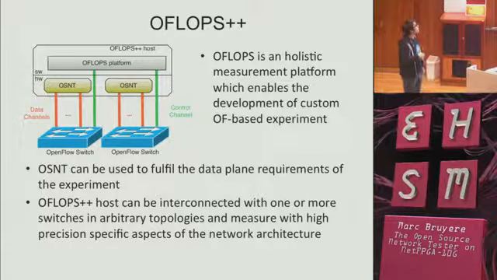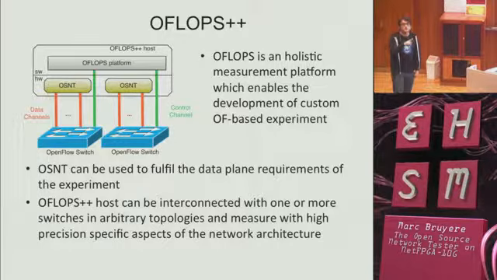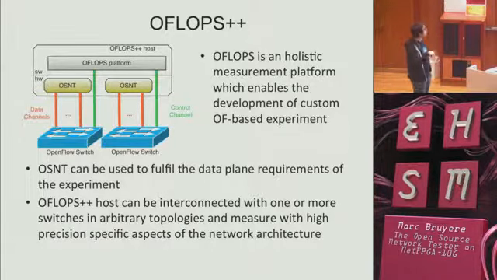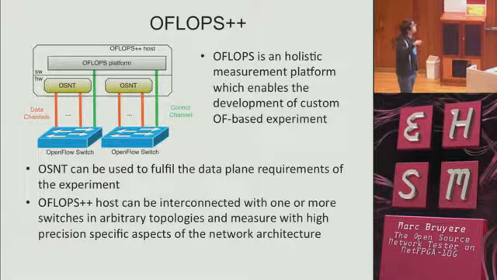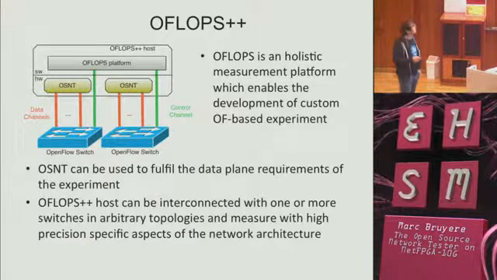In the OpenFlow implementations and designs we have today, this information is very critical when you have a lot of flows that need to be modified. And then obviously we have different testing scenarios we use to see the limitations of next generation OpenFlow switches using OSNT.